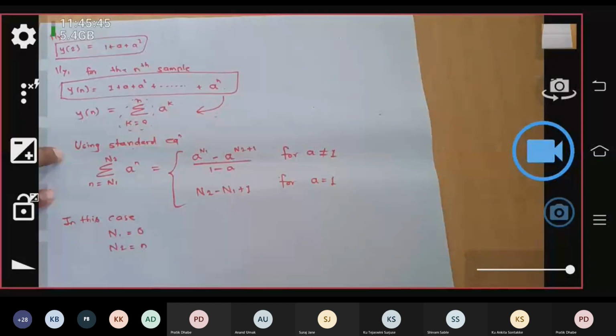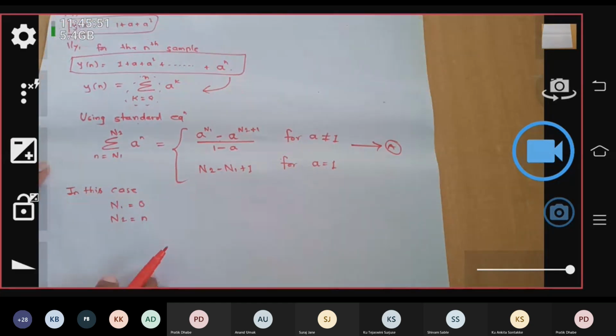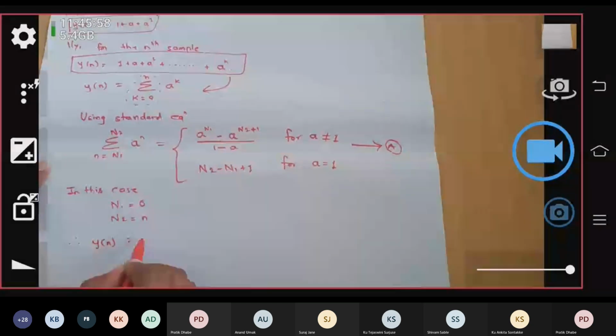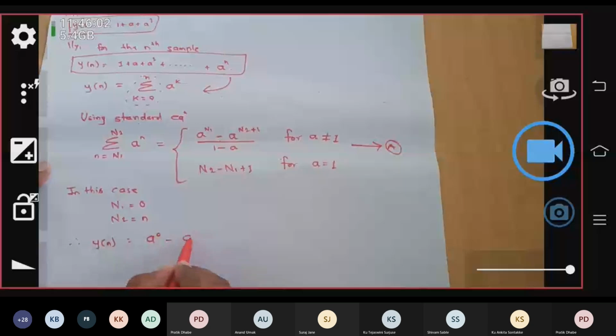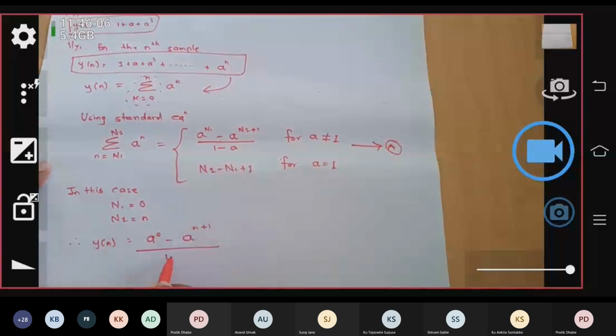Now substituting these limits in this standard equation, let us call it A, you will get y of n equals to the summation, which equals a raised to 0 minus a raised to n plus 1, upon 1 minus a.